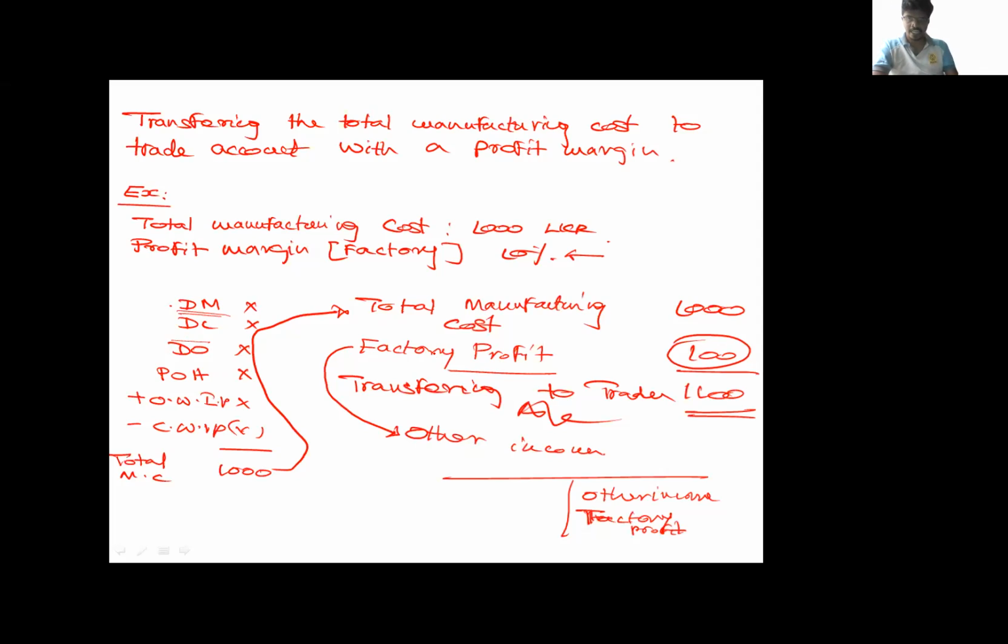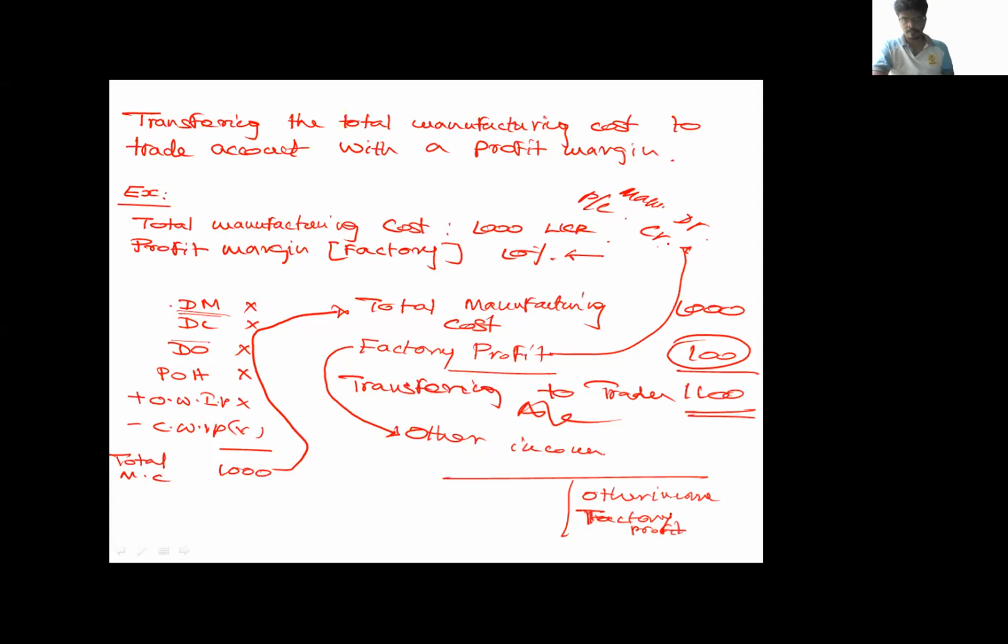At that time our double entry is manufacturing account debit as factory cost, then credit P&L account. Profit and loss account credit as factory profit.